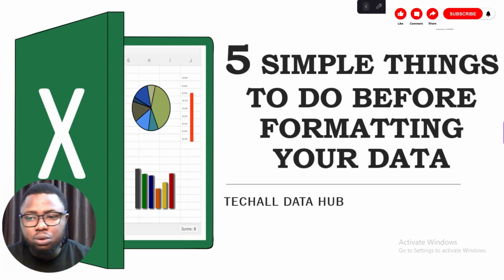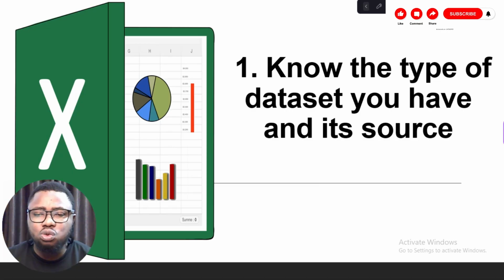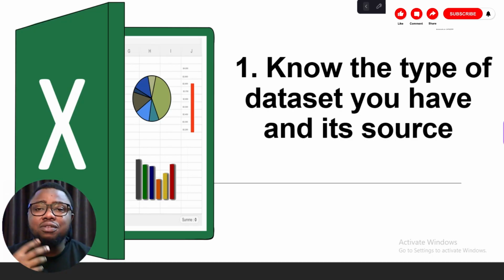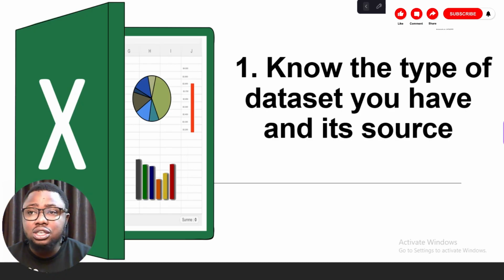Now number one thing you need to do as somebody who is working with Excel: you need to know the type of data and its source. You need to know the type of data set you are working with. Let me give you an example. Is it a financial data set? Is it a hospital data set?